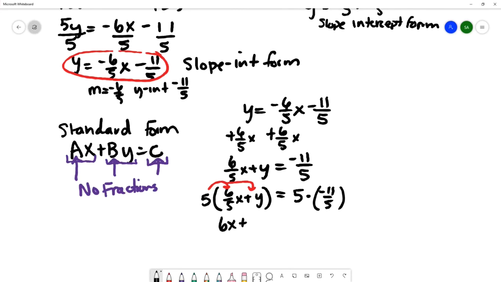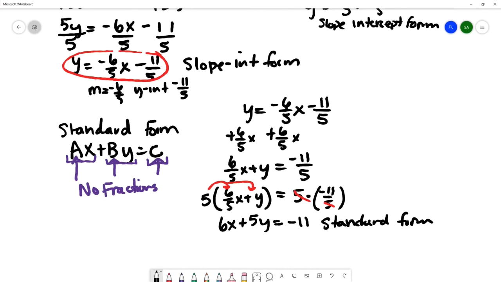And when you distribute to the second term, you get 5y. And on the constant term on the right-hand side, the 5's cancel out and you're left with negative 11. So the standard form is 6x plus 5y equals negative 11.